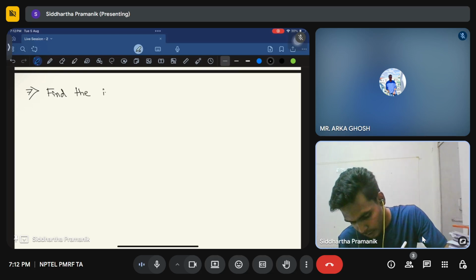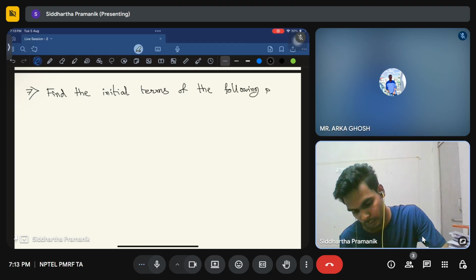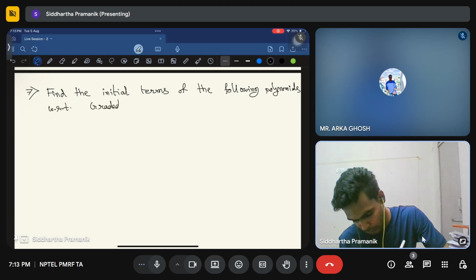So find the initial terms of the following polynomials with respect to graded reverse lexicographic order.